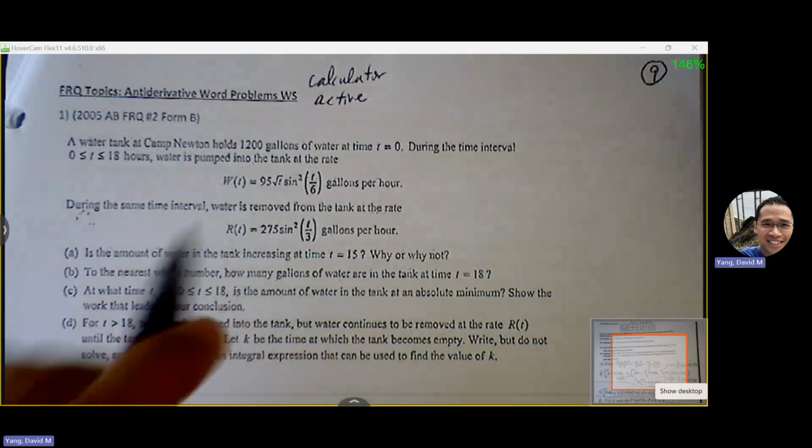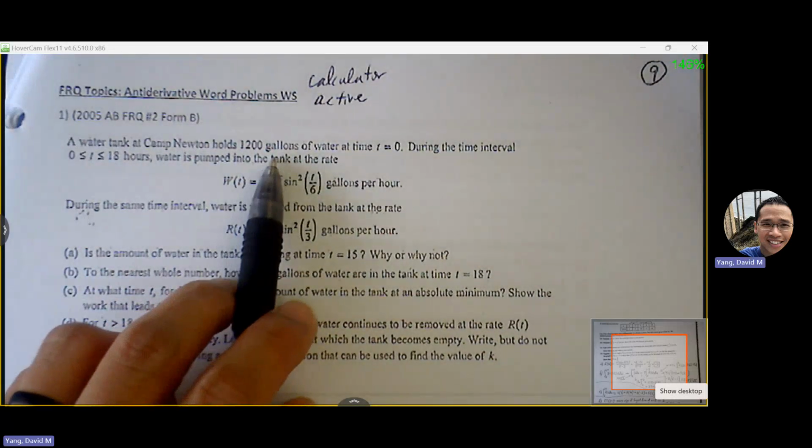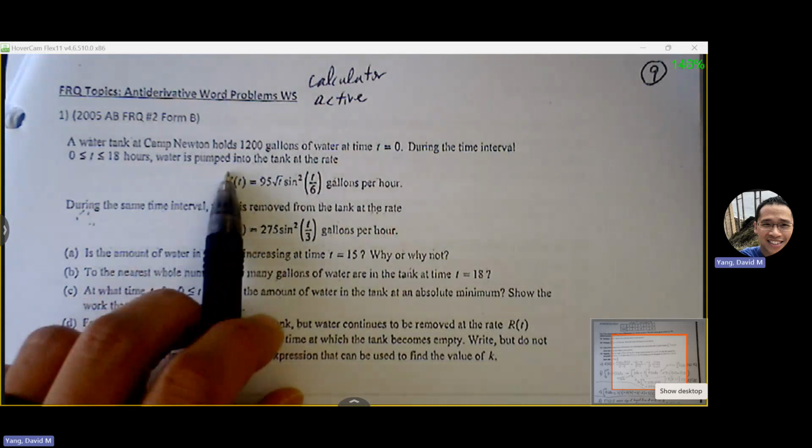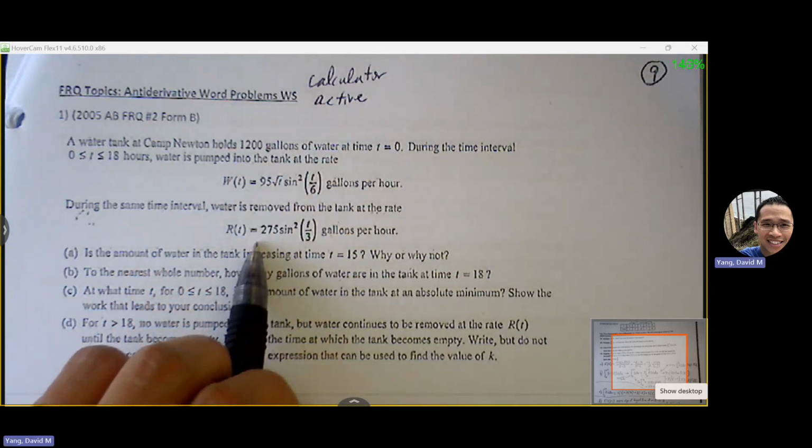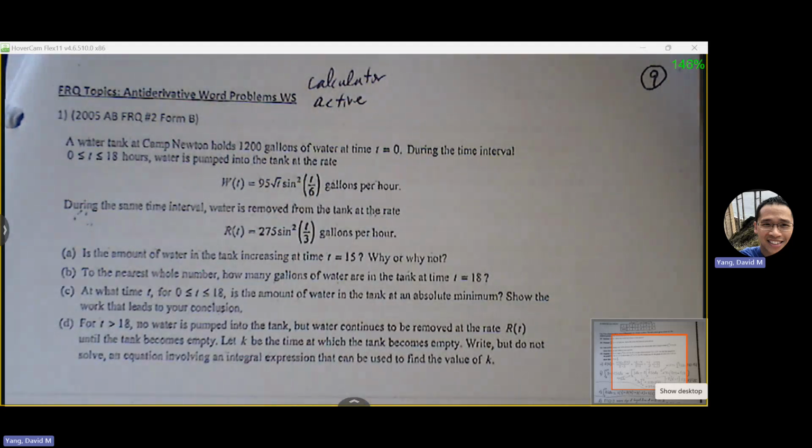A water tank at Camp Newton holds 1,200 gallons of water at time t equals 0. During the time interval between 0 and 18 hours, water is pumped into the tank at a rate of W of t. And at the same time, water is being removed at another rate, 275 sine squared of t over 3. Is the amount of water in the tank increasing at t equals 15?